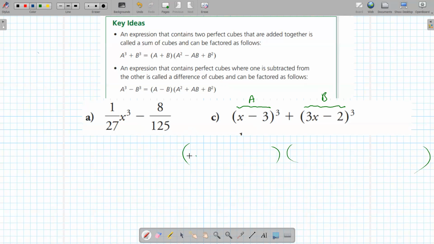x minus 3 minus 3x minus 2. There's a mistake here. 10 points. What's the mistake? It has something to do with subtracting.